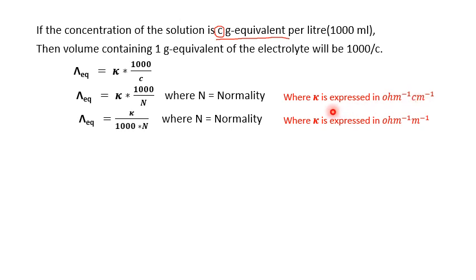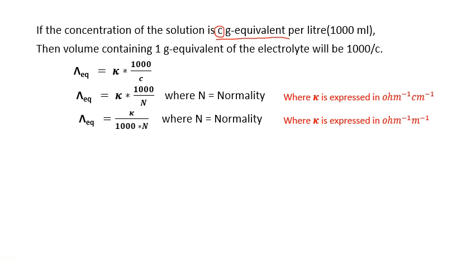When kappa is given in the CGS unit ohm inverse centimeter inverse, we take this formula. If kappa is expressed in ohm inverse meter inverse, we use the other formula. Try to remember this; it is used frequently. Equivalent conductance equals kappa into 1000 by N, where N represents normality.